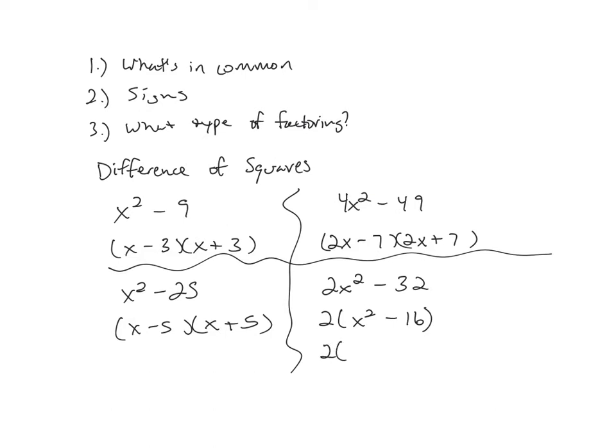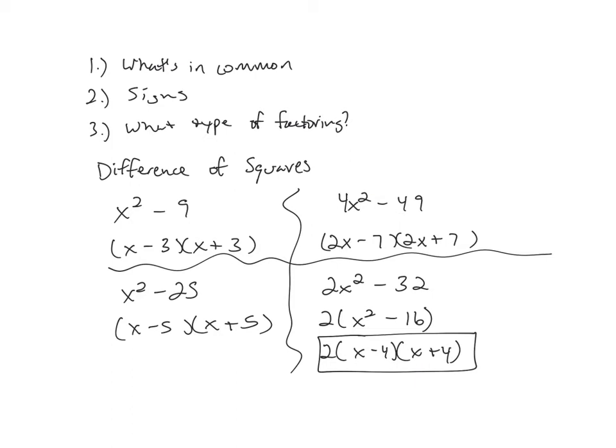And then I'm just going to put plus first, but remember we got to put the smallest number in the first parentheses. Why did I put 5? 4. So square root of 16 is 4.